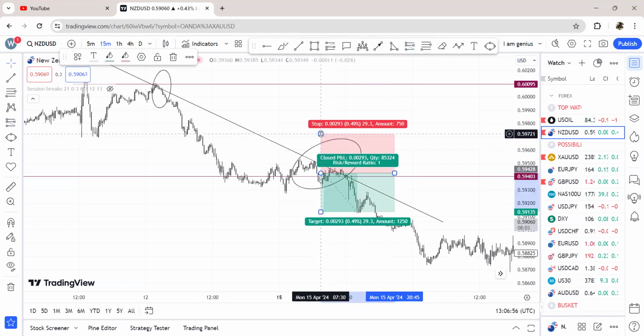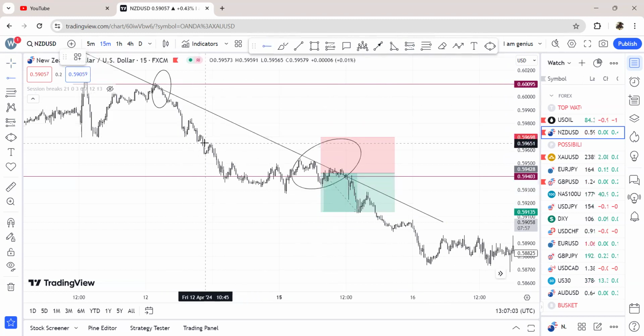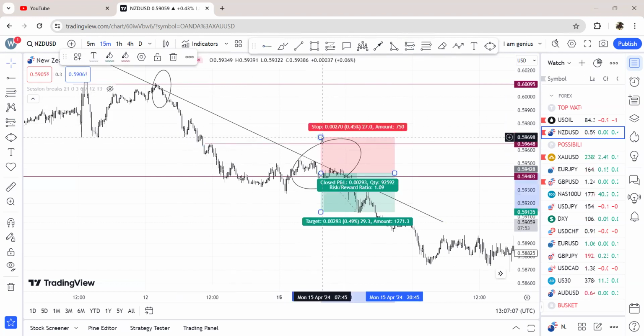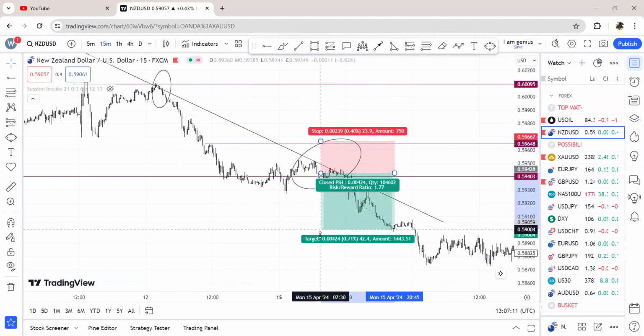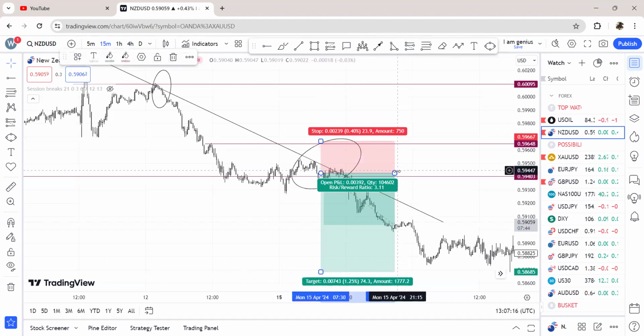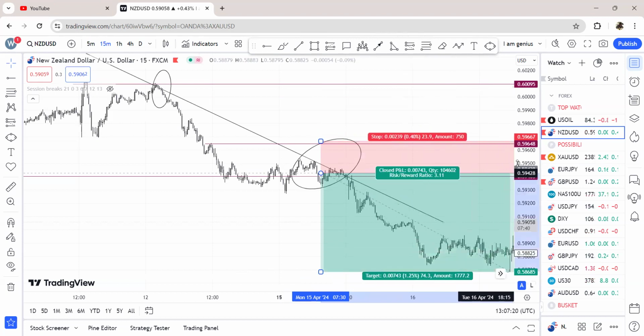I'll put my stop loss above this level. This is the most recent resistance level, so I'll put it right above that. Then this, I can drag it all the way down to 1:3 because the market has very strong momentum to the downside.